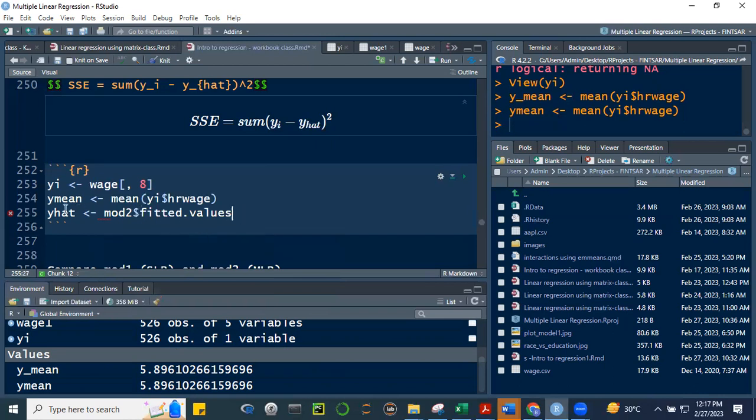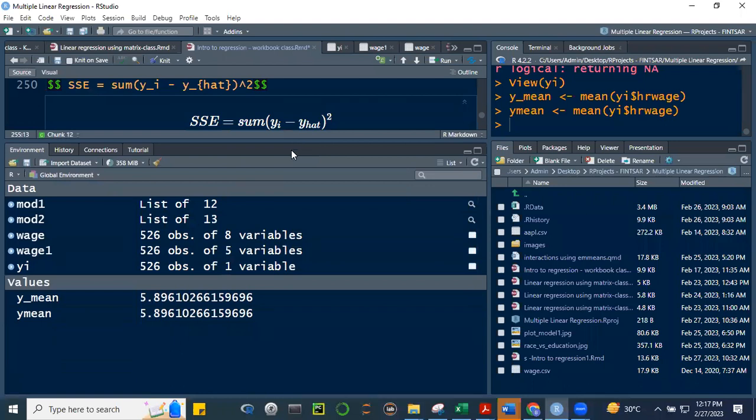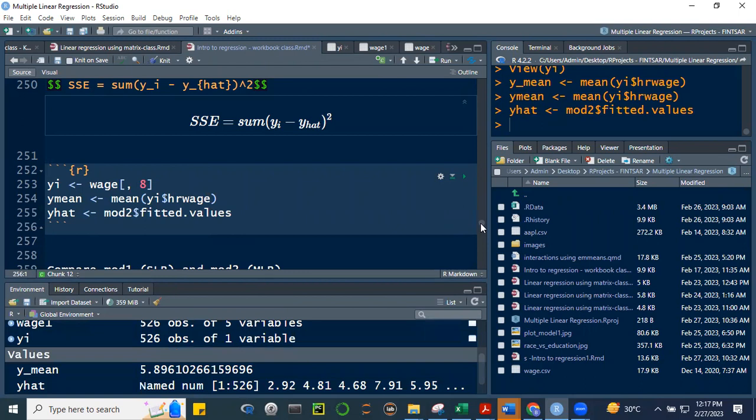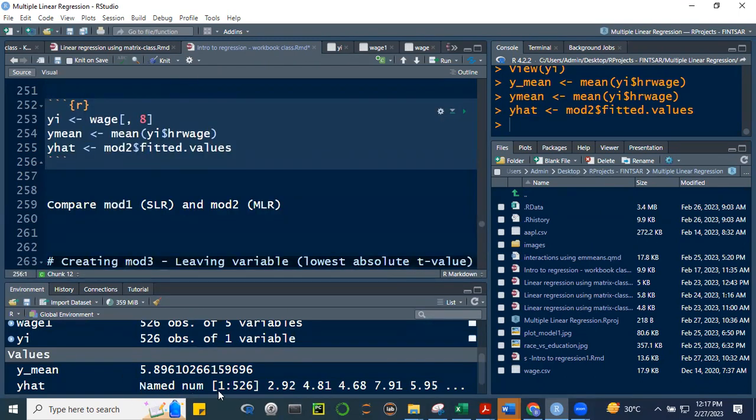So we're generating this object y hat, and it's from mod 2. May mod 2 na tayo, di ba? Mod 2 fitted values. Bakit siya nag-error? Okay, so y hat. Yan.